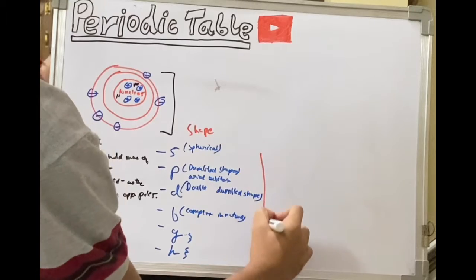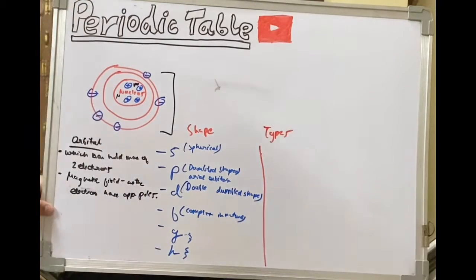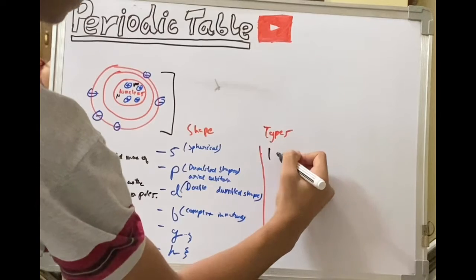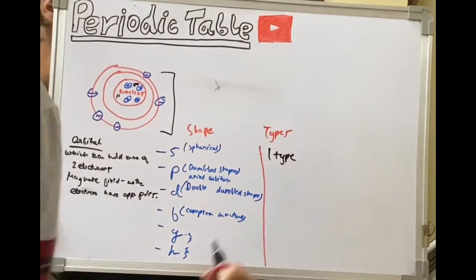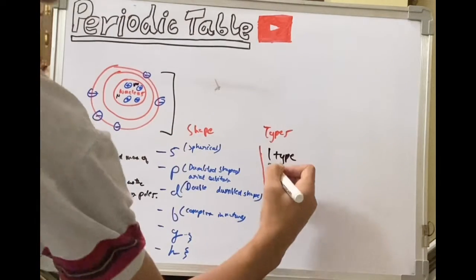Now we will come to the types. So the S orbital comes in only one type, that is the normal S orbital. Now the P orbital has 3 types.